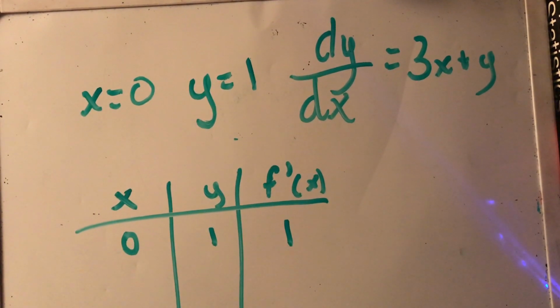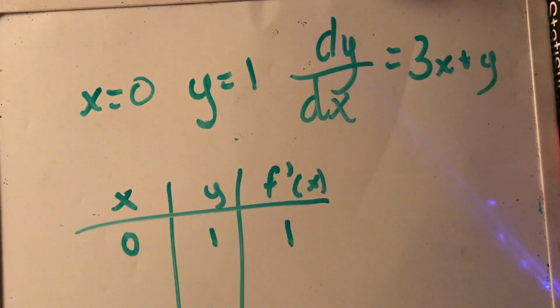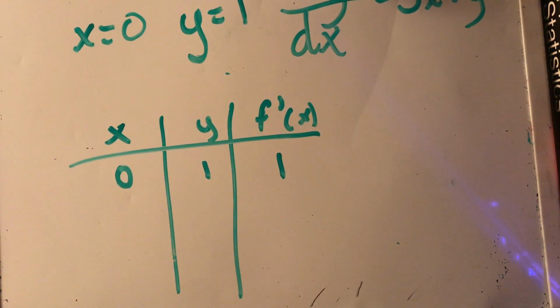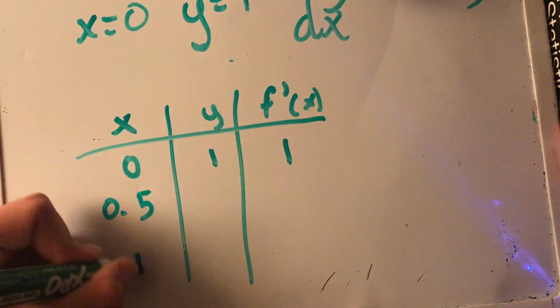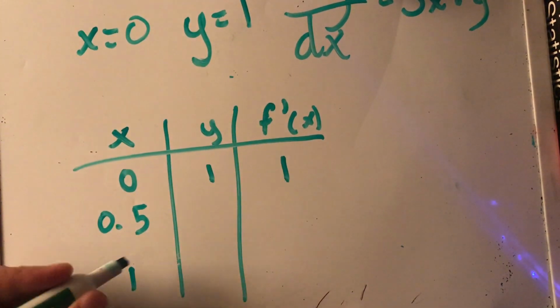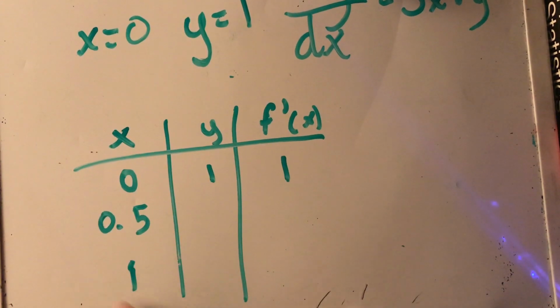Every single one of these steps has the next y value derived from this equation that I'll show you right now. Let's fill out the x's first. It's going to increase by 0.5 each time because we have a step size of 0.5.